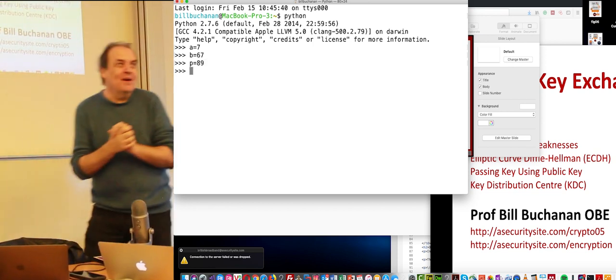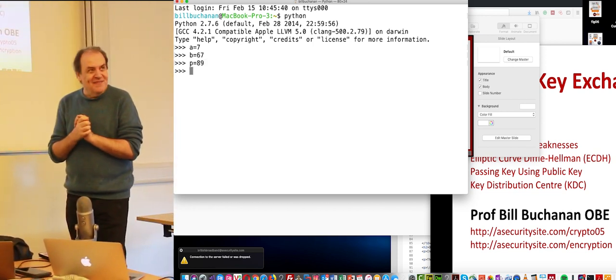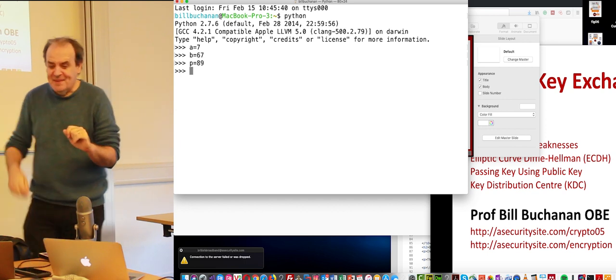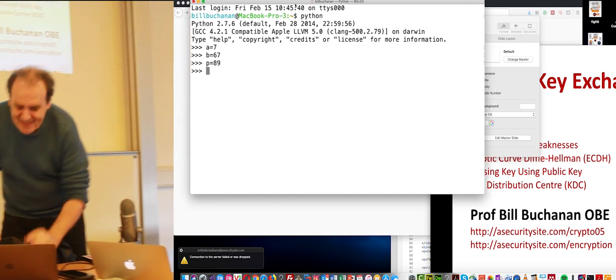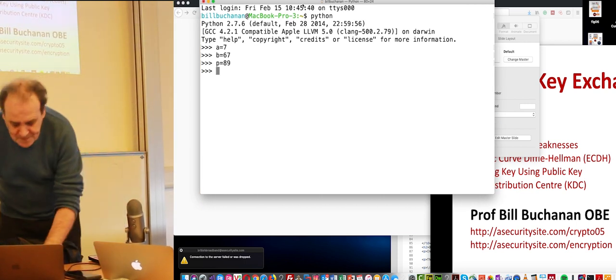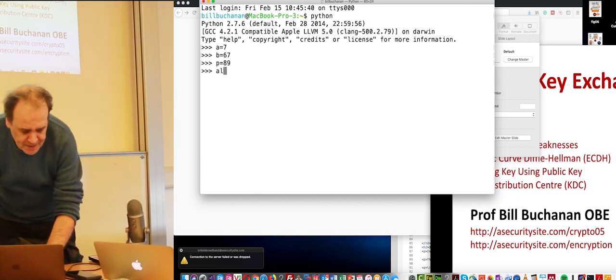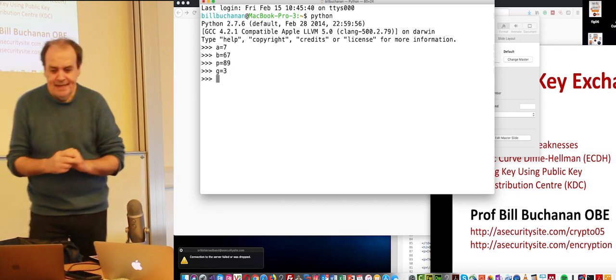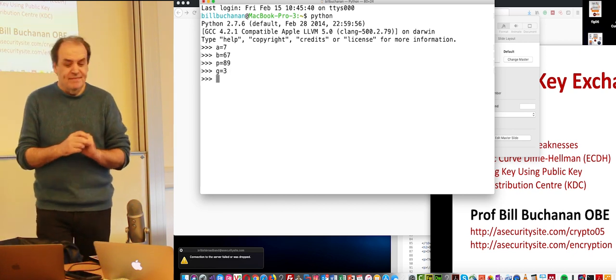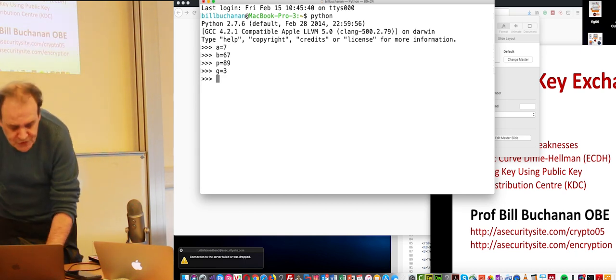So we'll go for a prime number of 89. Hopefully it is a prime number. Okay, so Bob's value will be, and we'll pick a g value. Let's go for 3, a typical value that we would use.